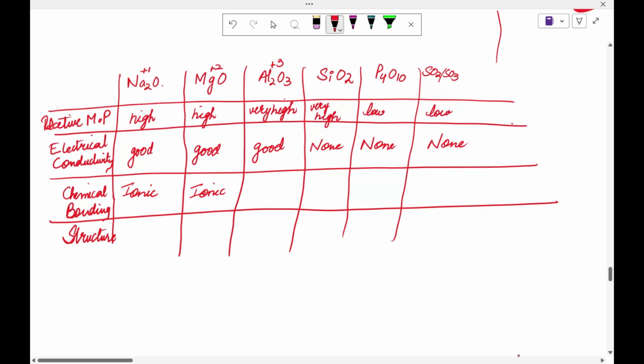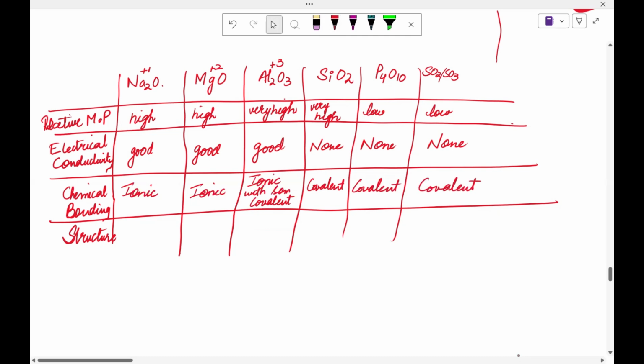But aluminium oxide, because of the difference in electronegativity, has ionic bonding with some covalent properties. Silicon dioxide is covalent, phosphorus oxide is covalent, and sulfur dioxide is covalent as well.